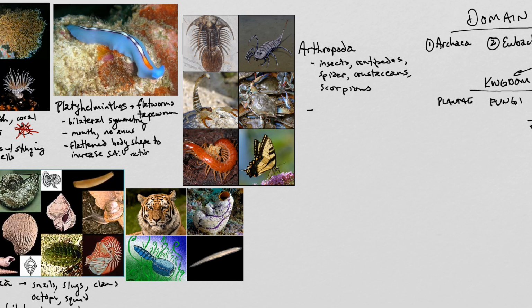Okay, same as the previous couple. These have bilateral symmetry. They have a mouth and an anus. And their body has jointed sections to it.